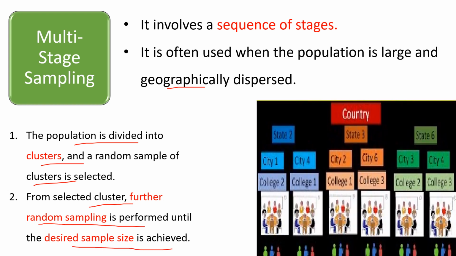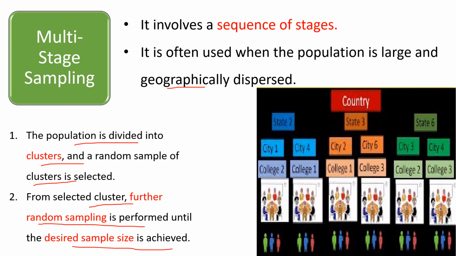Let's take an example. Let's take one country. From that country, assume we want to take a sample of college students to study college services in the country. First let's randomly select states from the country.